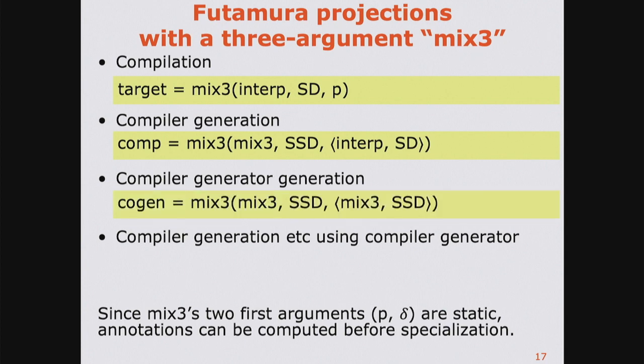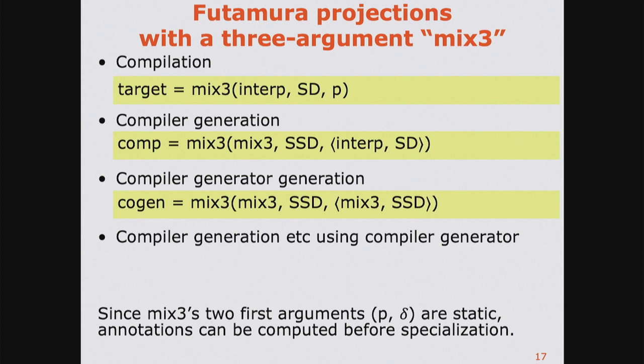And specializing, in this case, specializing this mix with respect to itself, but not the interpreter, means specializing this one, and this mixes this one, and this one is the binding time description. So we specialize this mix with respect to itself and the binding time description, but not the interpreter and its binding time description.